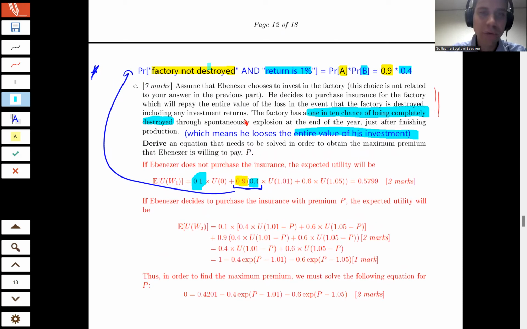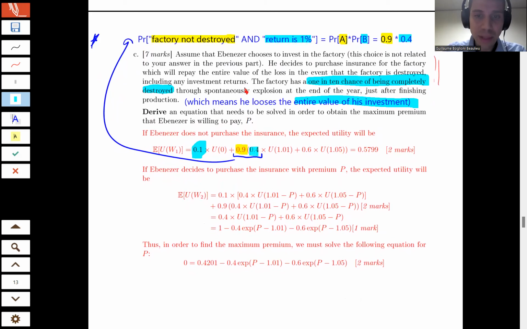So if we're looking for the probability the factory is not destroyed and the return is 1%, you can use the probability of A times the probability of B. The probability of the intersection of independent events is just the product of those probabilities. What I call A here is the factory is not destroyed, and what I call B is getting a return of 1%. So the probability of this is 0.9 times 0.4.